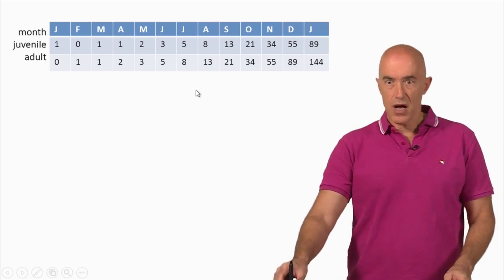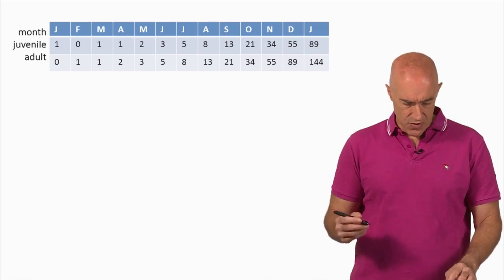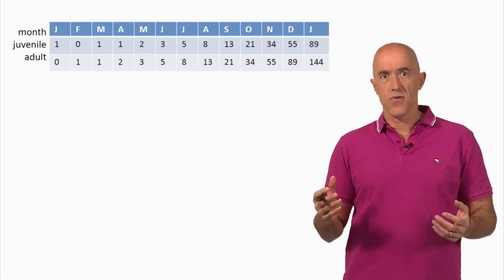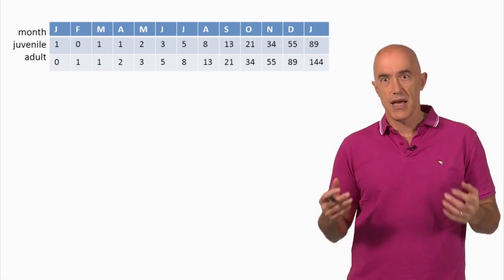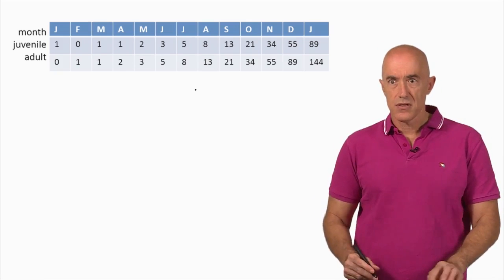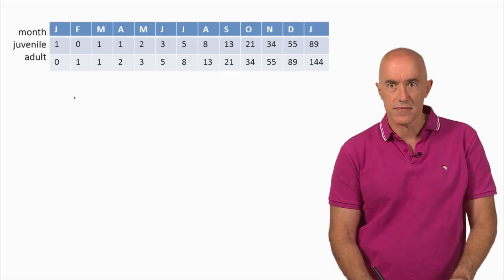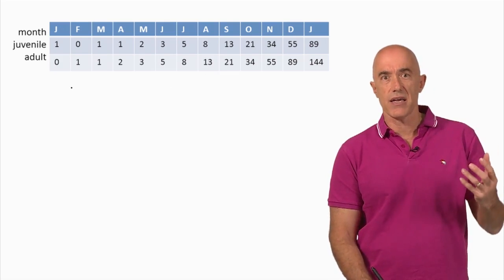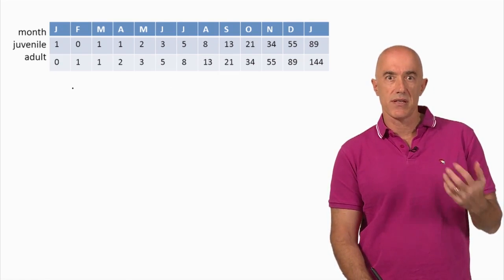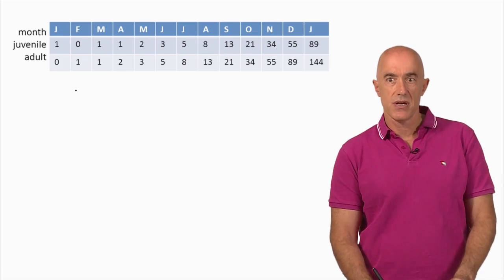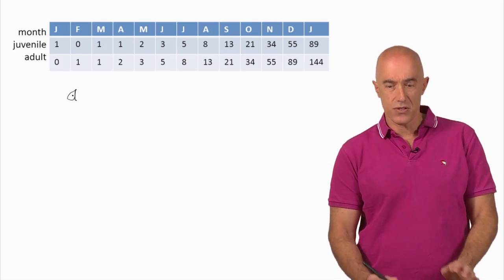But let's try to write down some equation for the coupling of the juvenile rabbits and the adult rabbits. So let's see how that works. We need to define separately the number of juvenile rabbit pairs and the number of adult rabbit pairs. Let's start with the adults.